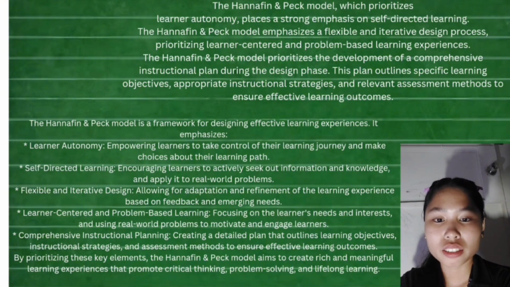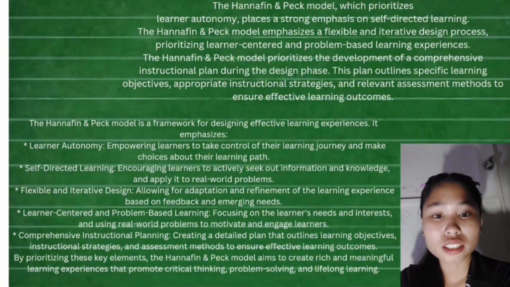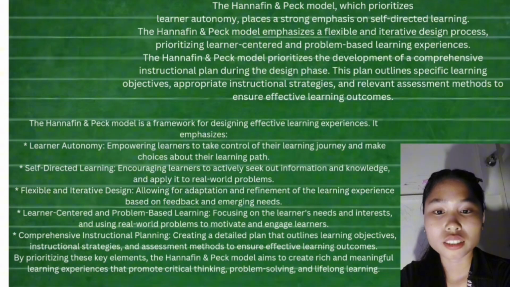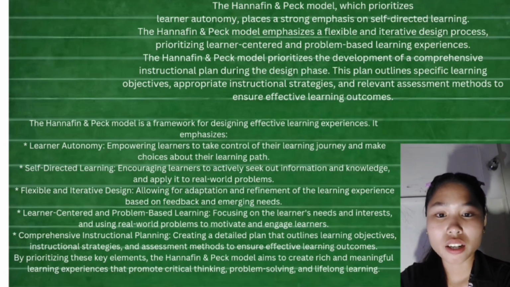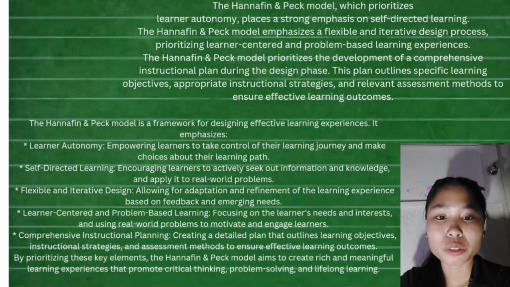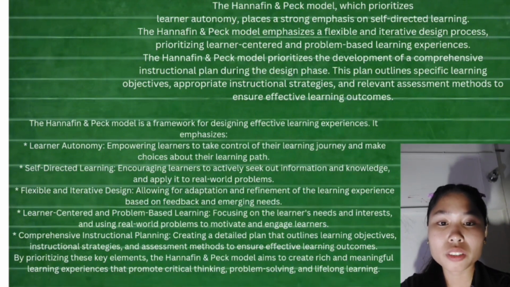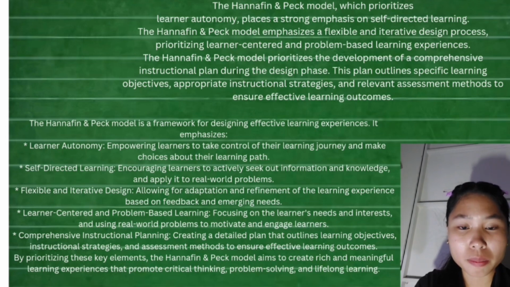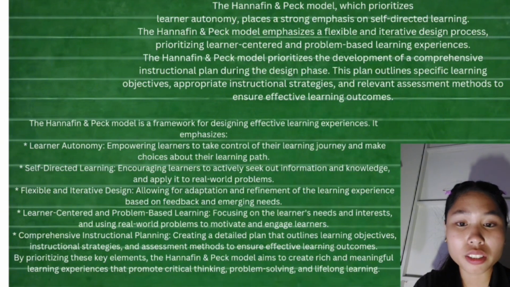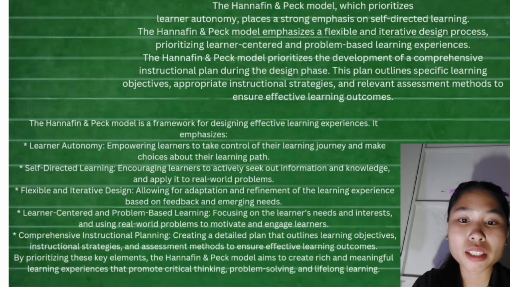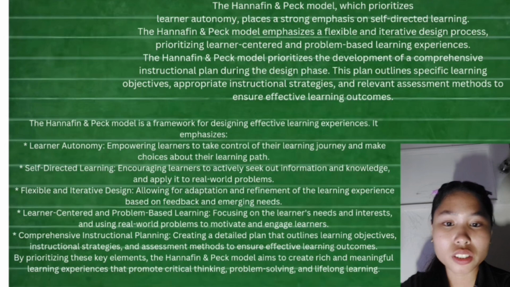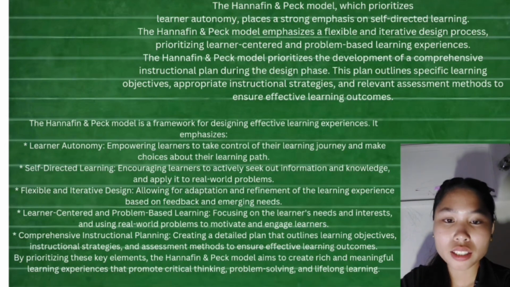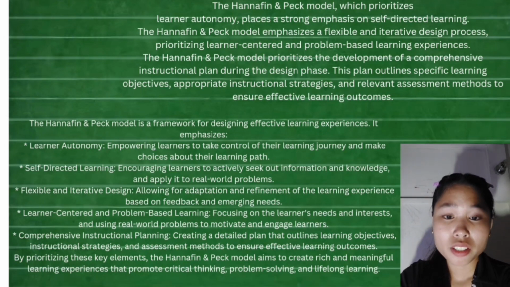And the self-directed learning, it's encouraging learners to effectively seek out information and knowledge and apply it to real-world problems. So, malinaw na sinabi naman dyan na yung learner ay mas effective siya para na yung knowledge natin and information ay nadadagdagan siya at na-apply natin sa mga real world problems natin.